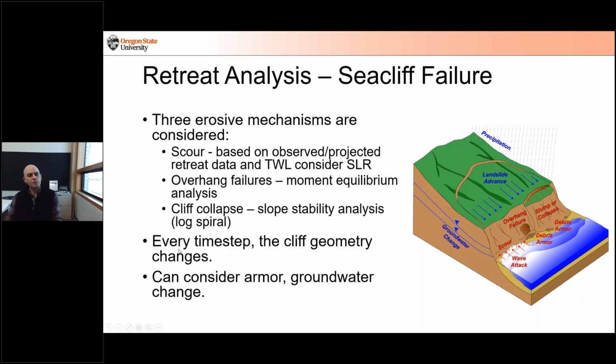So what we do is we create a model with a series of time steps. We start with an initial cross section derived from bare earth LiDAR, and we apply erosion where it should happen at the rate we've observed, or with tweaks for sea level rise, for example. And we watch the sea cliff geometry change with scour, overhang failures, and cliff collapse. And we can consider lots of things like self-armoring or groundwater change.